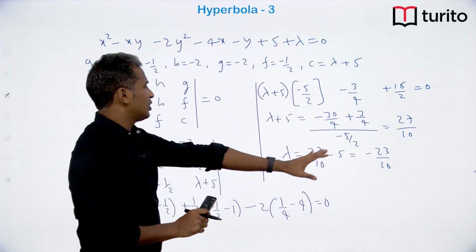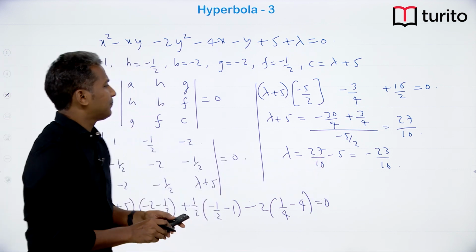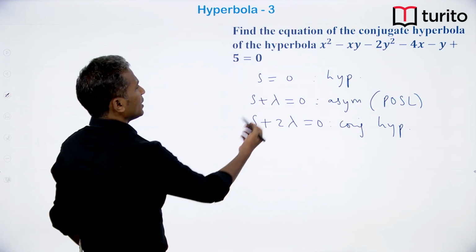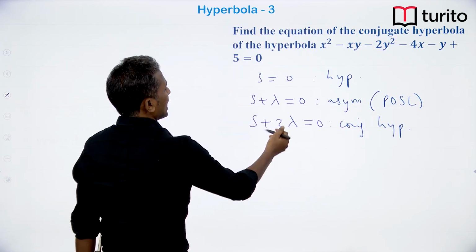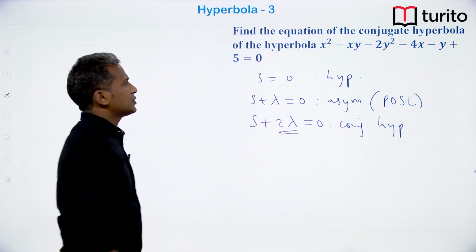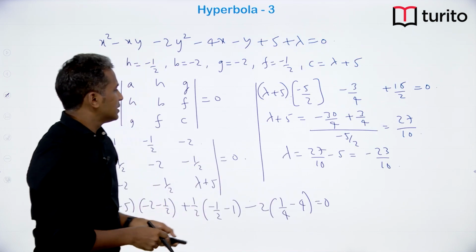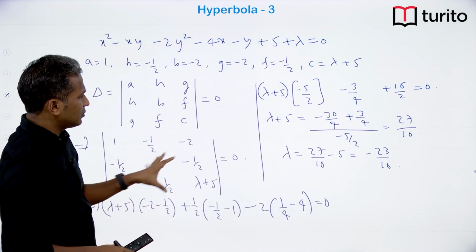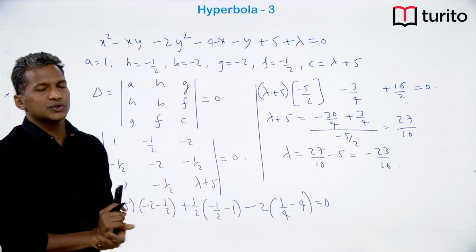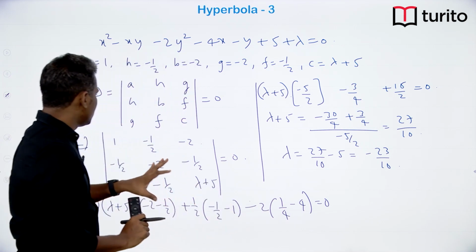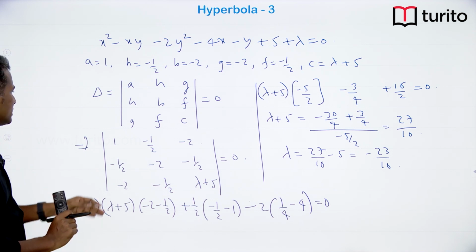So let's say we evaluated the constant and we got the lambda. So that means by just adding this 2 lambda, I am supposed to get the equation of the conjugate hyperbola. So this is how we find out lambda and we substitute and solve it. So here basically we have understood the main idea of how to solve this problem.